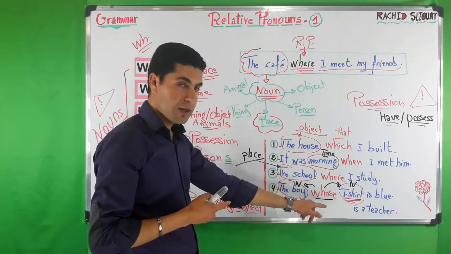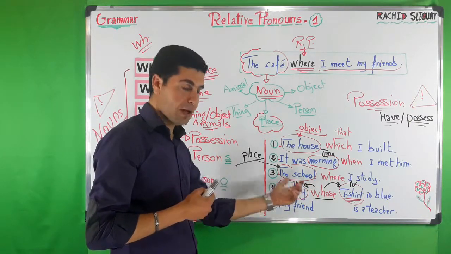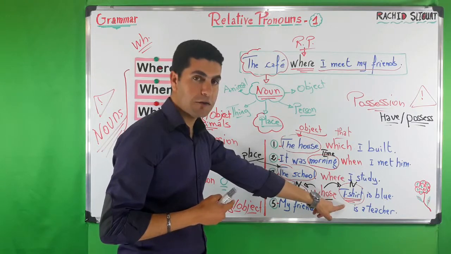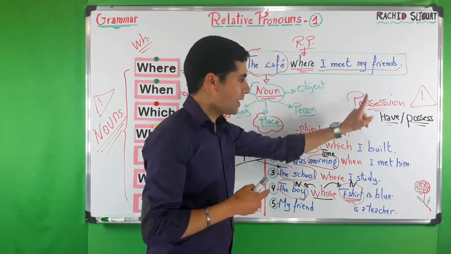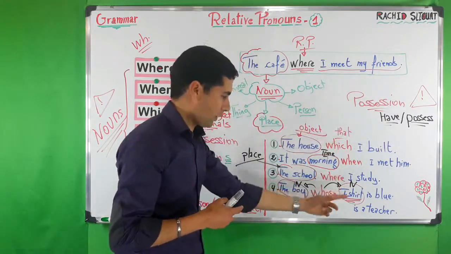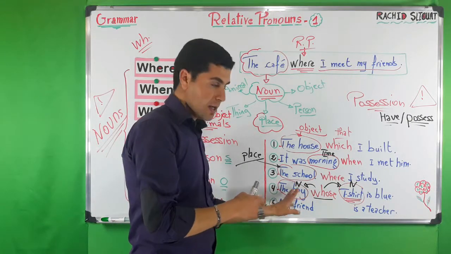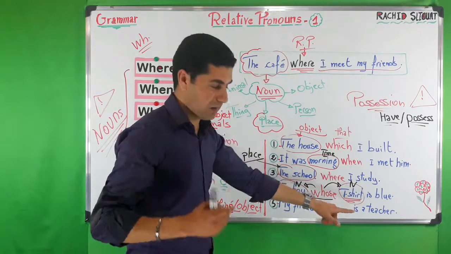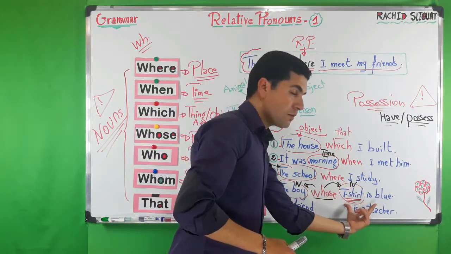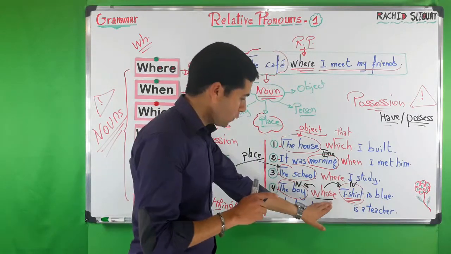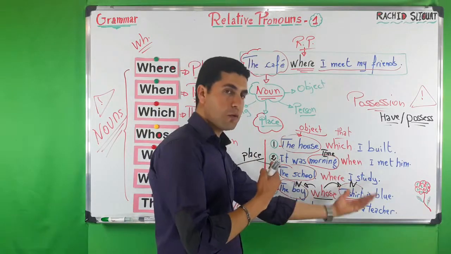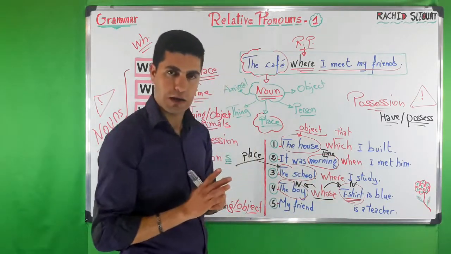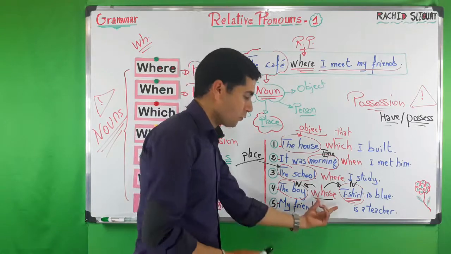So whose is used to define the boy by what he possesses. He possesses a blue t-shirt. So whose comes after a noun and before another noun. This is a very important point to remember.